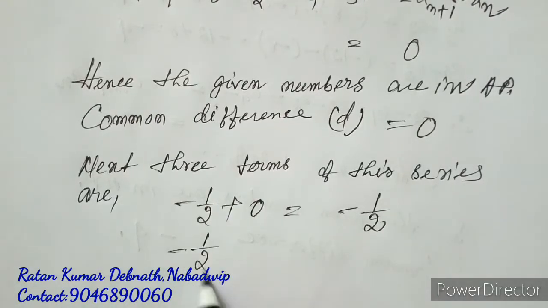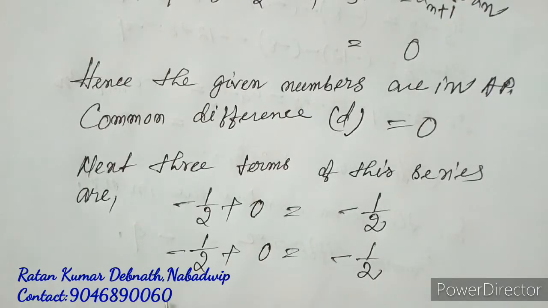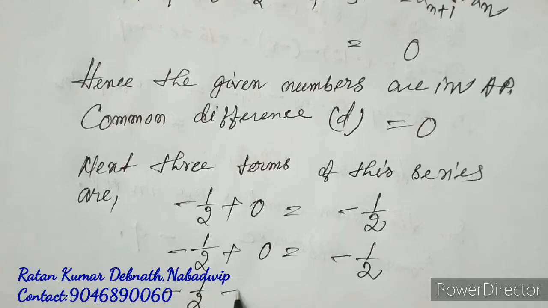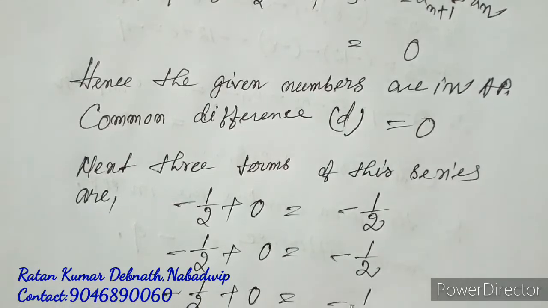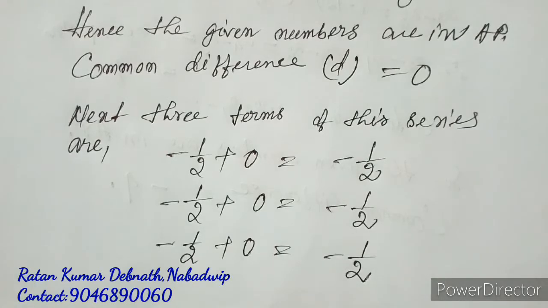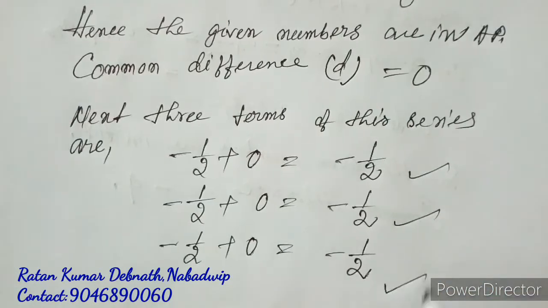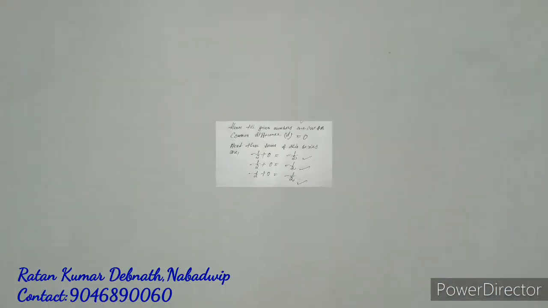Next again minus half plus 0 equal to minus half. Again minus half plus 0 equals minus half. In this series all the terms are equal, so next 3 terms also must be equal. The next three terms are minus half, minus half and minus half.